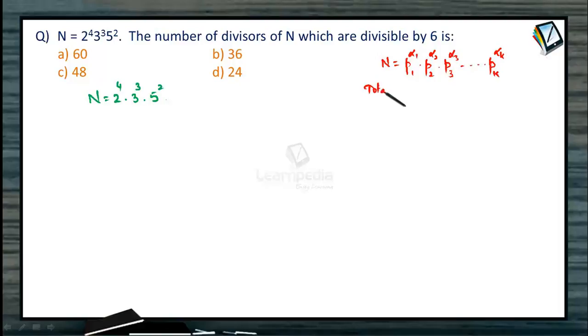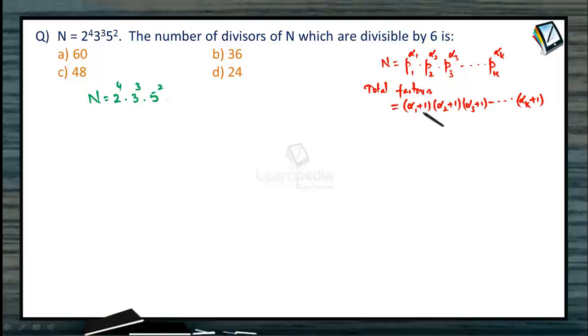Then we know that the total factors is nothing but the arrangement of alpha 1 things of similar kind, alpha 2 things of second kind, alpha 3 things of third kind, so on, using any number at a time, right? Then it would be simply alpha 1 plus 1 into alpha 2 plus 1 into alpha 3 plus 1 into so on up to alpha k plus 1.